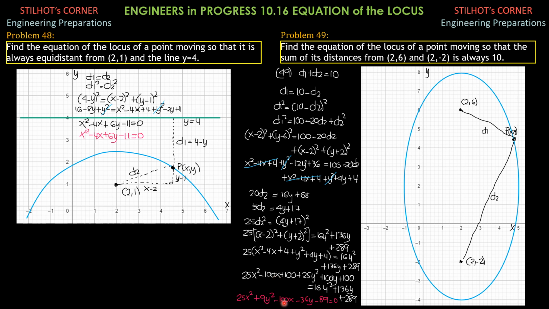Negative 100x, then 100y minus 136y is negative 36y, and finally 100 plus 100, 200, 200 minus 289 is negative 89 equals 0. So this is the equation of this locus, which is 25x squared plus 9y squared minus 100x minus 36y minus 89 equals 0.